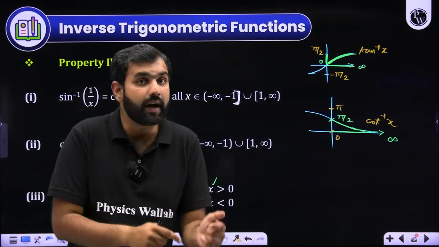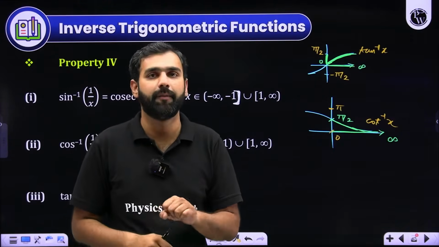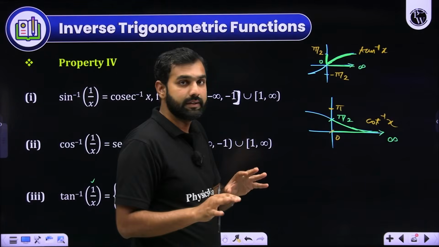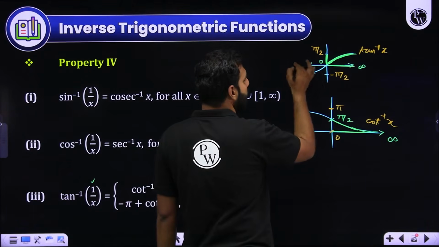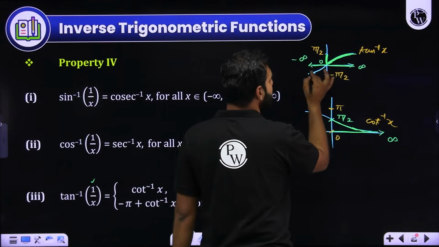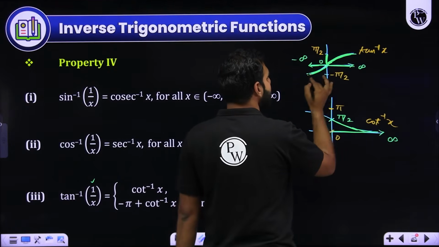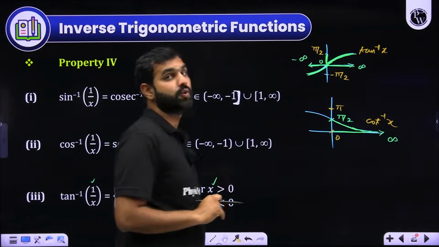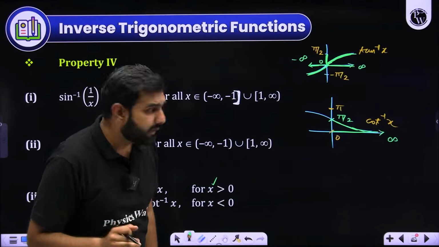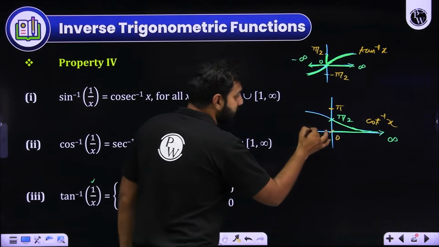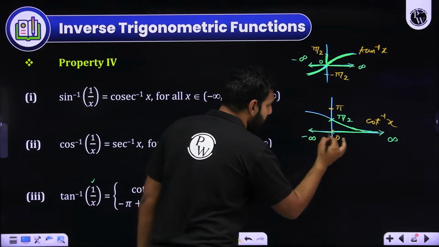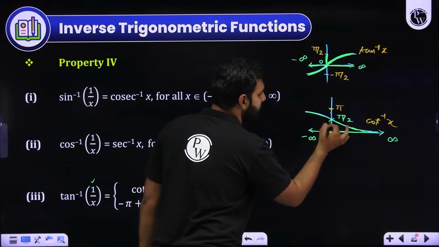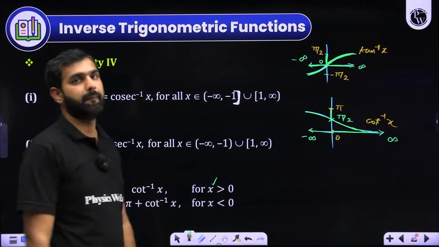But to bring the other part in sync, the problem is here. What is the problem? Here, when you take the values of x which are negative, from minus infinity to 0, tan inverse x gives you values from minus pi by 2 to 0. But when you take cot inverse x for all the negative values, from minus infinity to 0, cot inverse x gives you values from pi by 2 to pi.